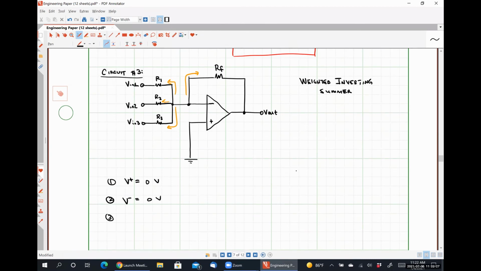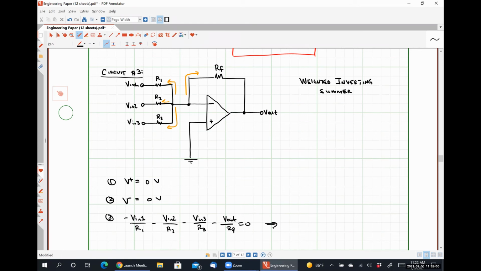It's going to be 0 minus Vn1, so negative Vn1 divided by R1, minus Vn2 divided by R2, minus Vn3 divided by R3, minus Vout divided by RF is equal to 0.